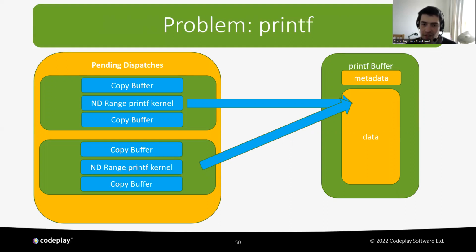They both contain kernels calling printf, and both those printf built-ins are writing into the same buffer at the same offset. So they overwrite one another, and then when it comes to reading that data from those callbacks, you get some garbage or values you don't expect.